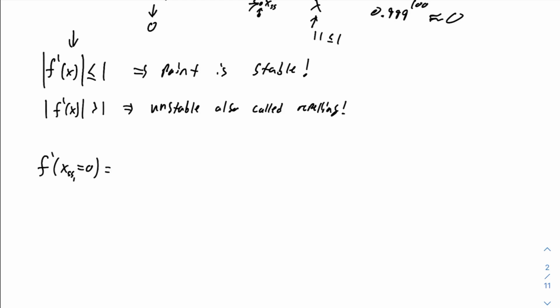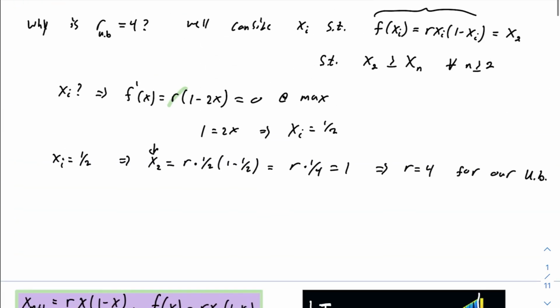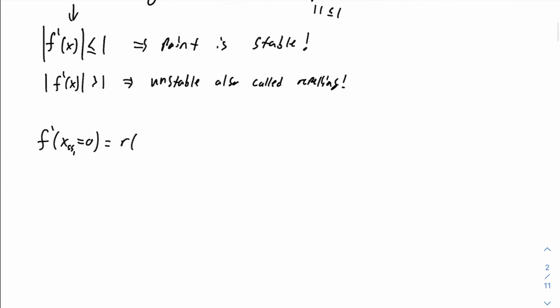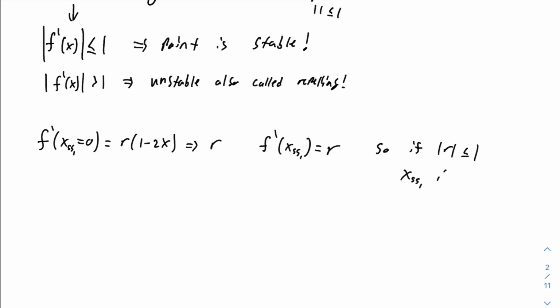From above, we have that our derivative is r (1 minus 2x), which then goes to r. So we have f prime of x steady state 1 is equal to r. So if r, in absolute value, is less than or equal to 1, x steady state 1 is stable.